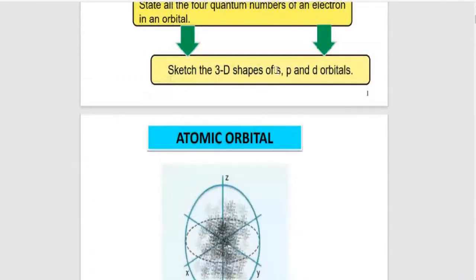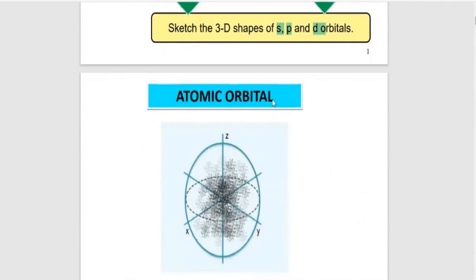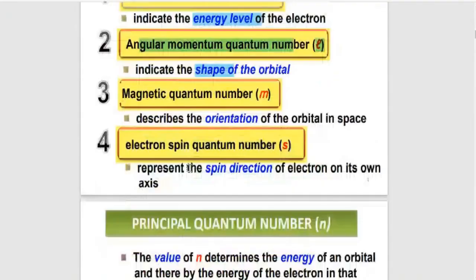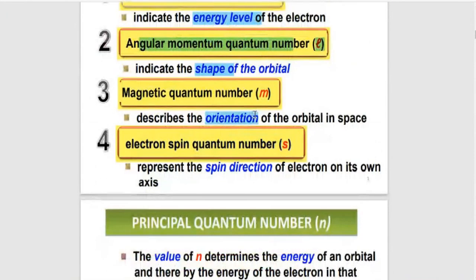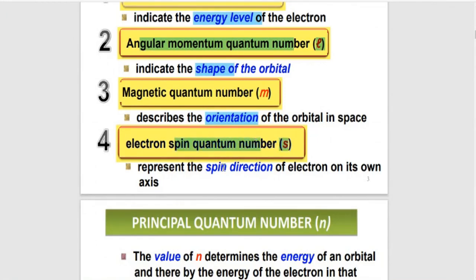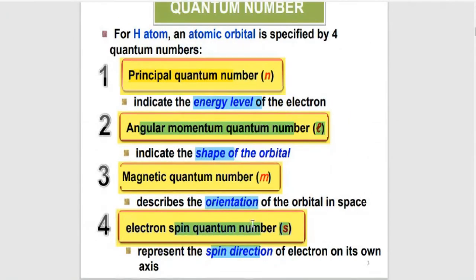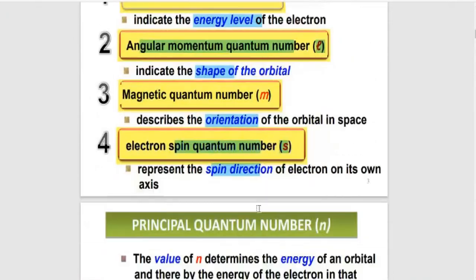There are 3 shapes we are going to learn: S shape, P shape, D shape. M refers to orientation, which means y-axis, x-axis, z-axis. And S is the spin quantum number, the direction, whether it follows clockwise or anti-clockwise. So these are the 4 quantum numbers that we are going to learn.